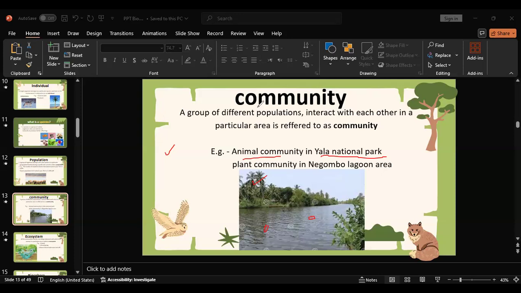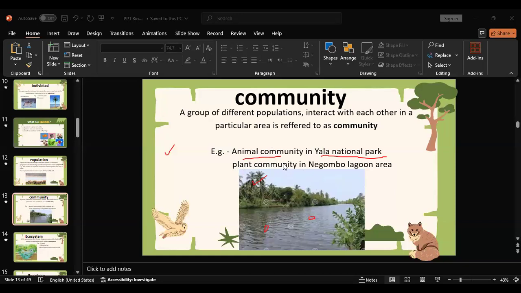Further, we will study the food chain and the food web, where one organism depends on another and one feeds on another. So that is interaction. Interaction means there is a relationship between those. I hope you have understood interactions.